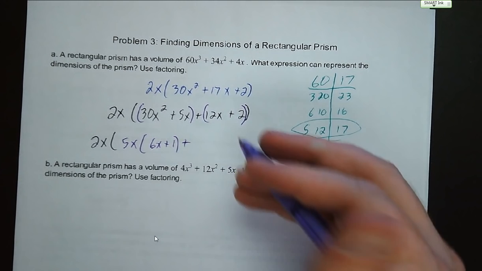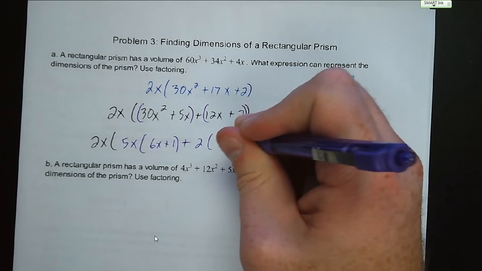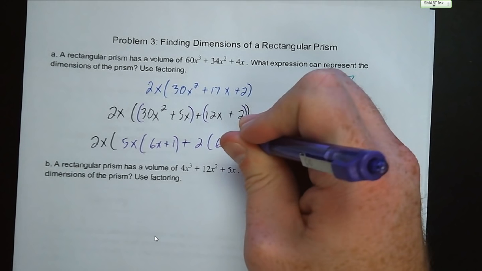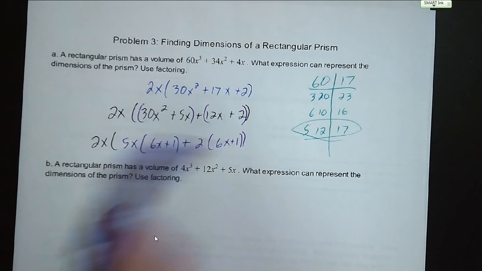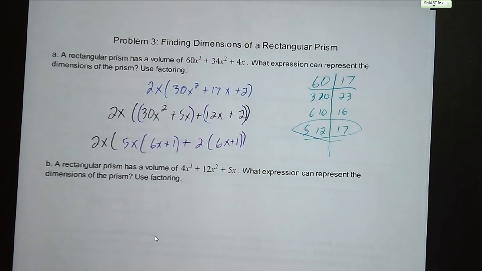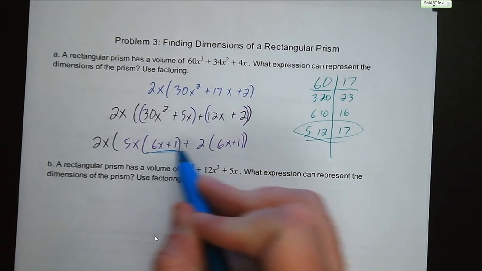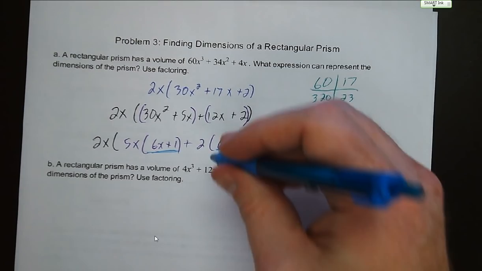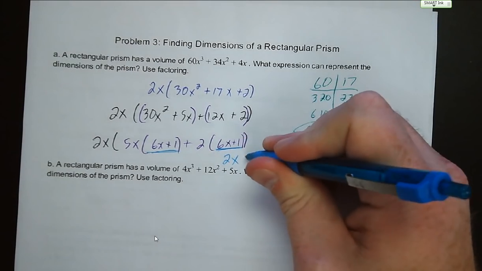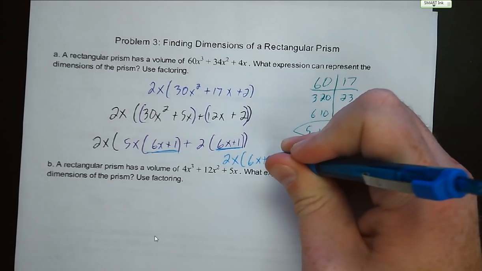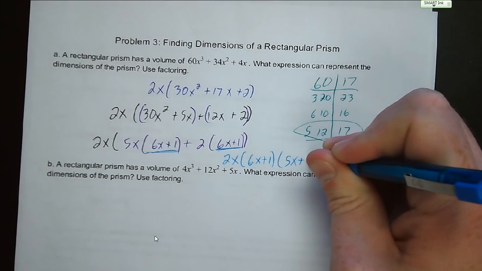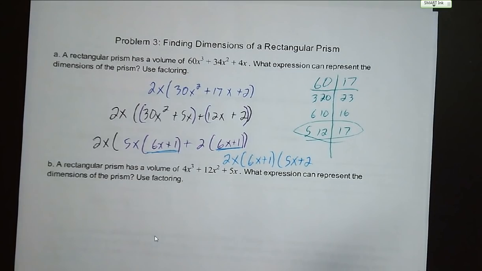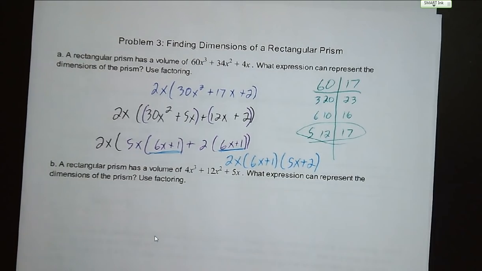I can factor out a 2, so I'm left with 6x and 1. And now I can take out that common factor of the 6x plus 1. So I get 2x times the quantity 6x plus 1, times the quantity 5x plus 2. And that is completely factored.